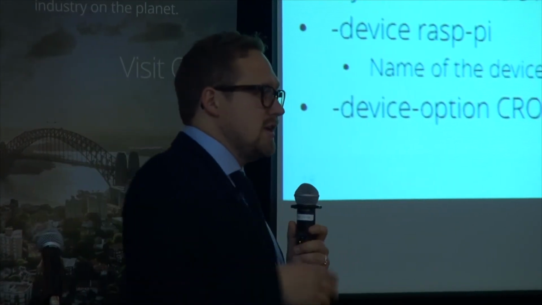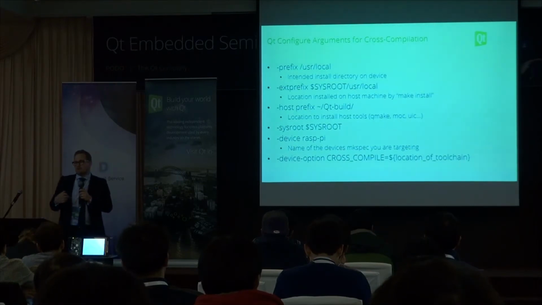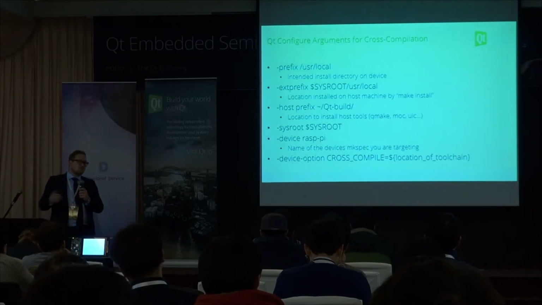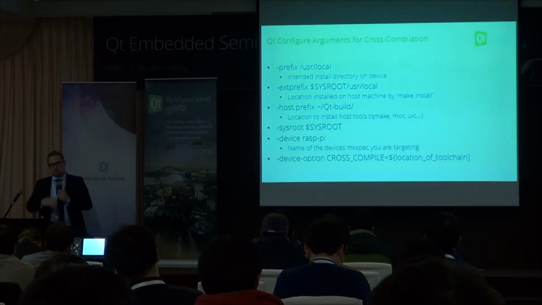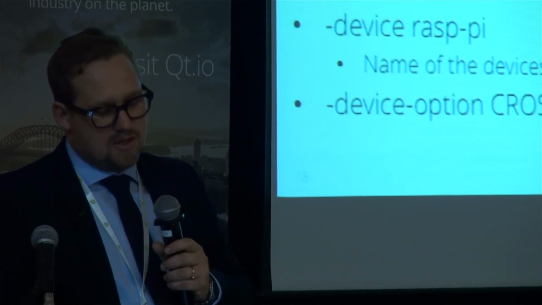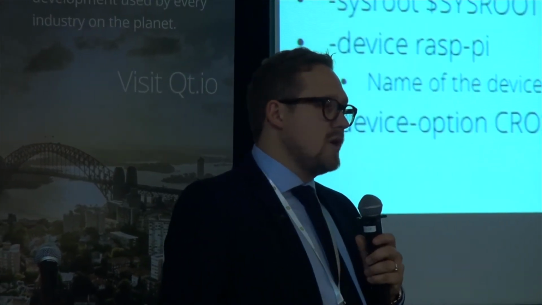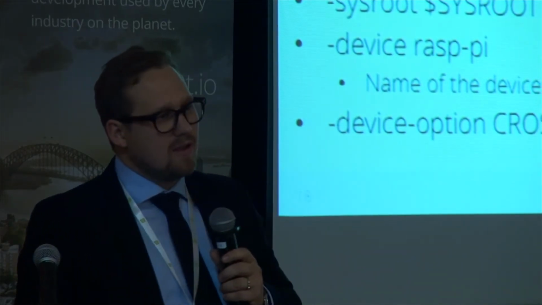This is information like how are you deploying to the device? Is that over network or over USB? Which ports do you open, etc. And you have the device option, which is the location of your cross-compilation tool chain. So where do you have GCC or Clang for your actual target hardware?